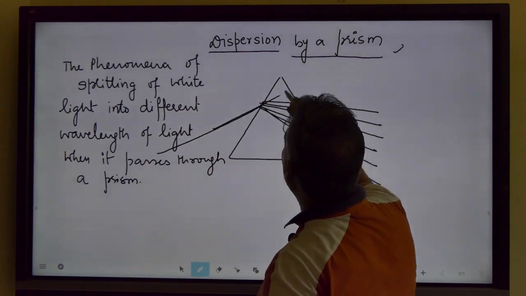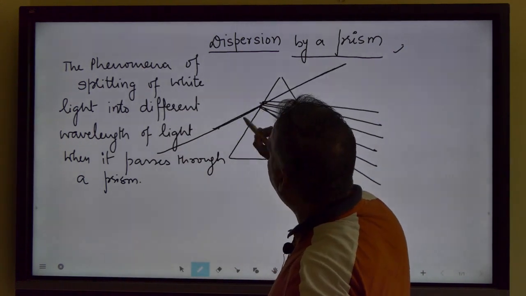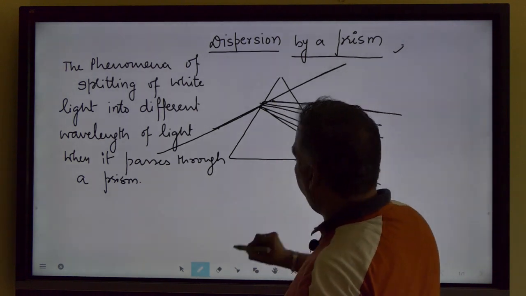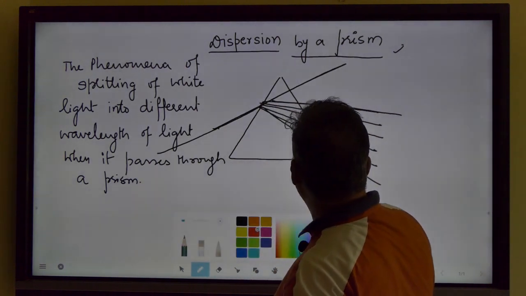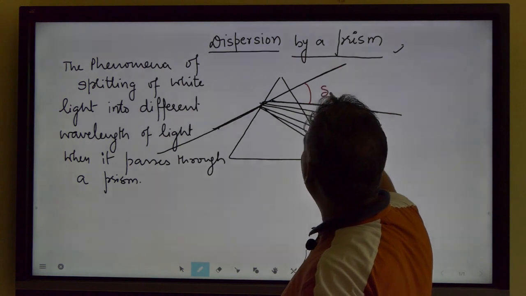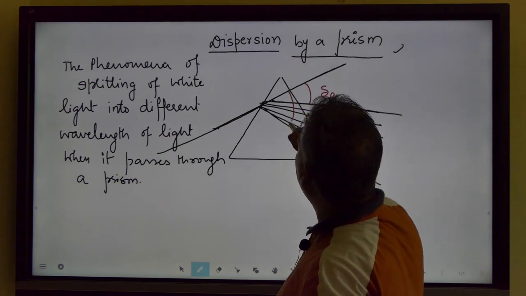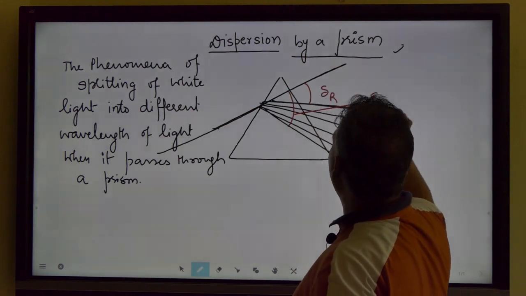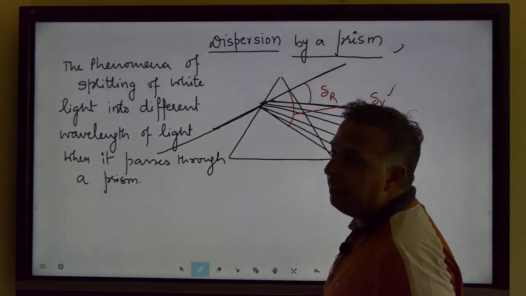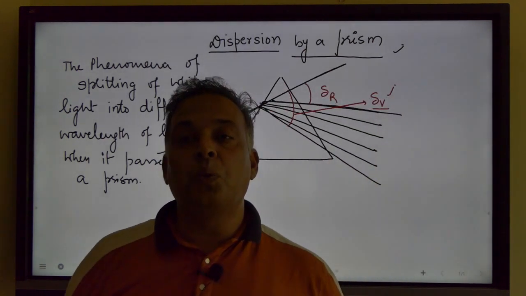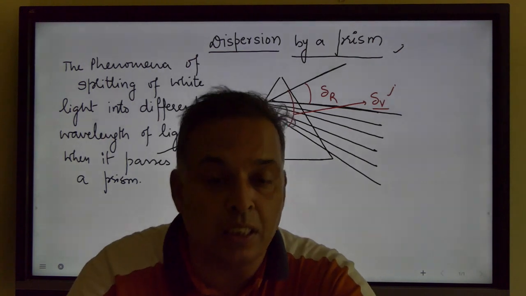So this was an incident ray, and it splits up into these colors. This one is the angle of deviation for red, and this is the angle of deviation for violet. This phenomenon is known as dispersion.